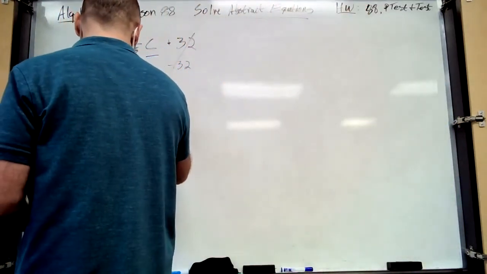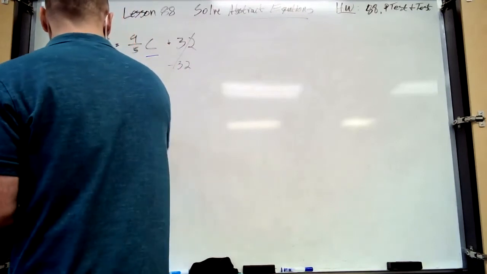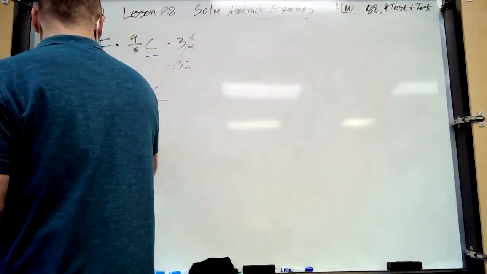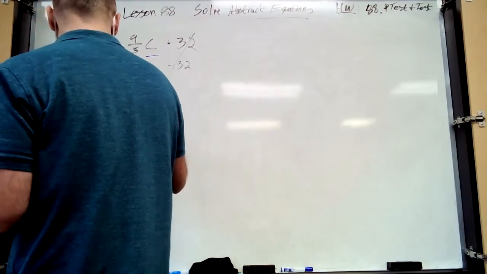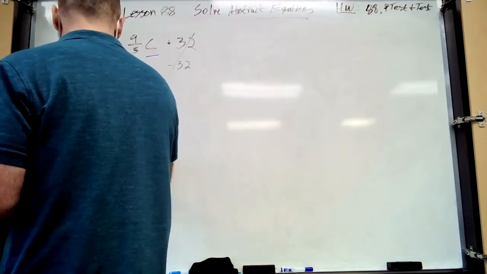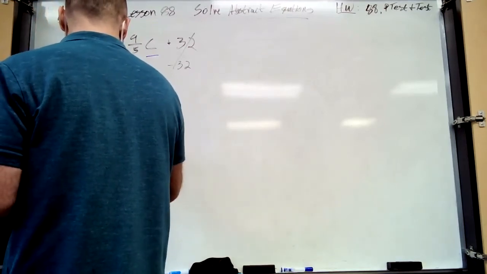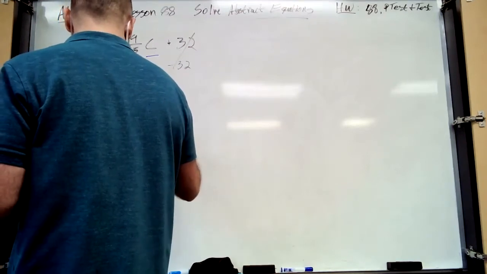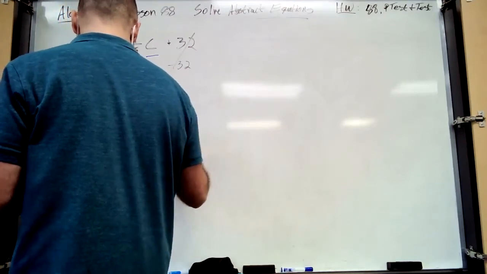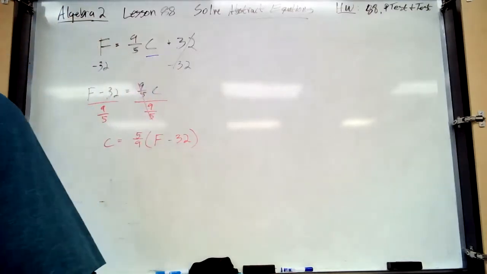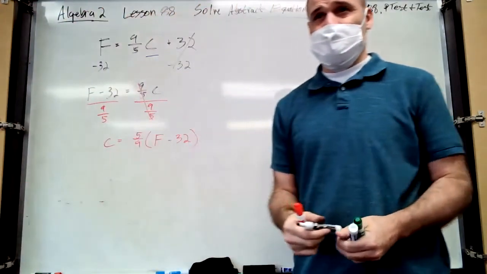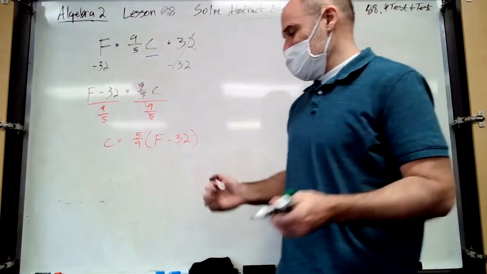Well, dividing by 9/5 is the same thing as multiplying by 5/9, right? So C equals 5/9 times F minus 32. Does that feel all right? Okay. So that's solving for C.